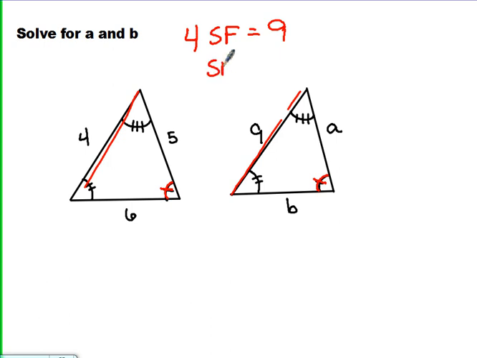So the scale factor is going to be 9/4. We can use that information. If we multiply this triangle on the left times the scale factor, it'll give us the triangle on the right. So use that information, and you want to solve for sides a and b. Go ahead and give this one a shot on your own, and we will check it when we come back into class.